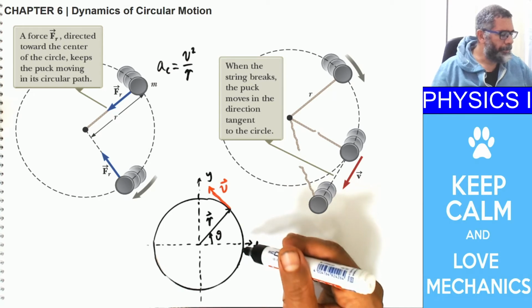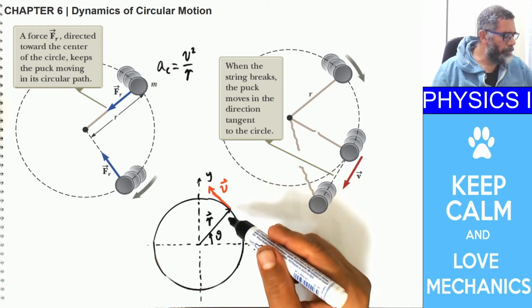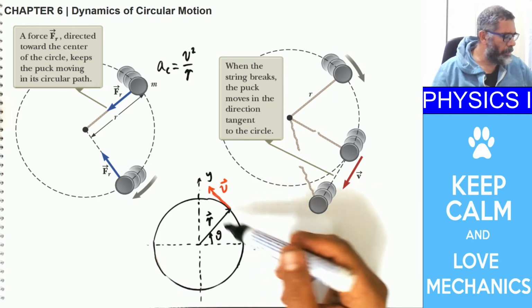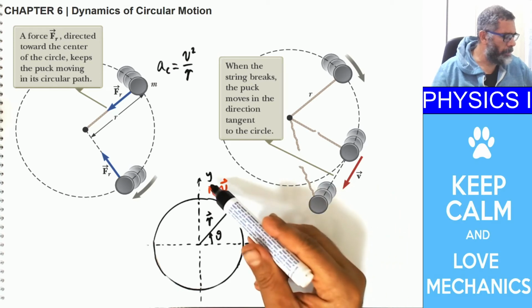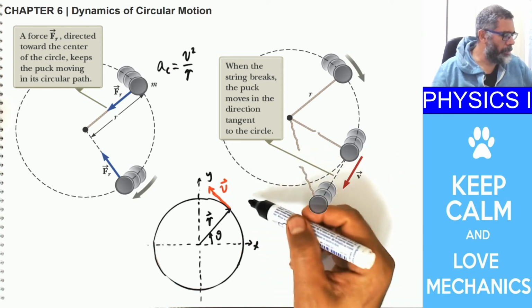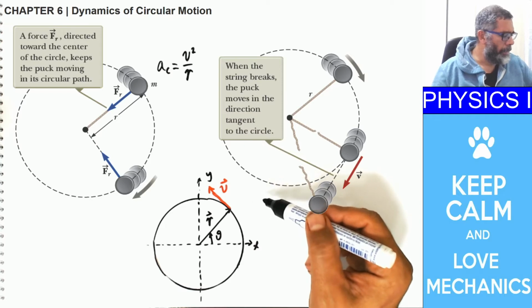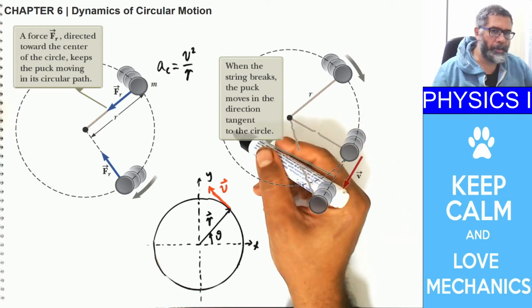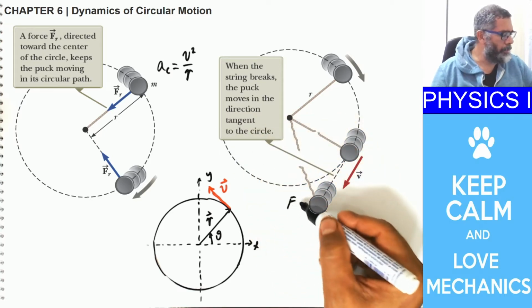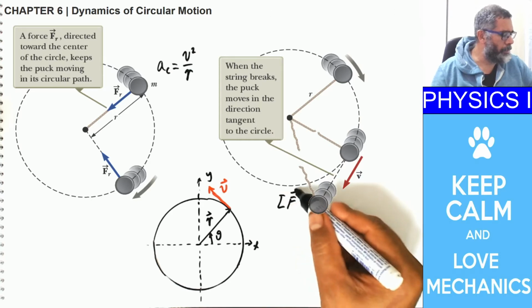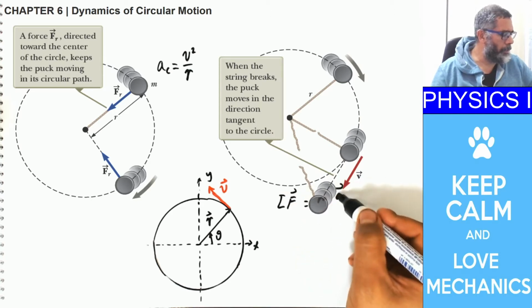Well, why do we do this? Why don't we analyze with x and y? Since we are going to write down Newton's second law, which is the total sum of all forces is equal to m times the acceleration.